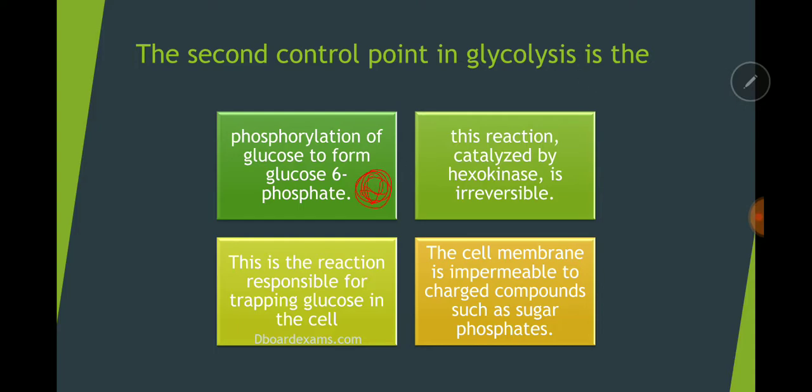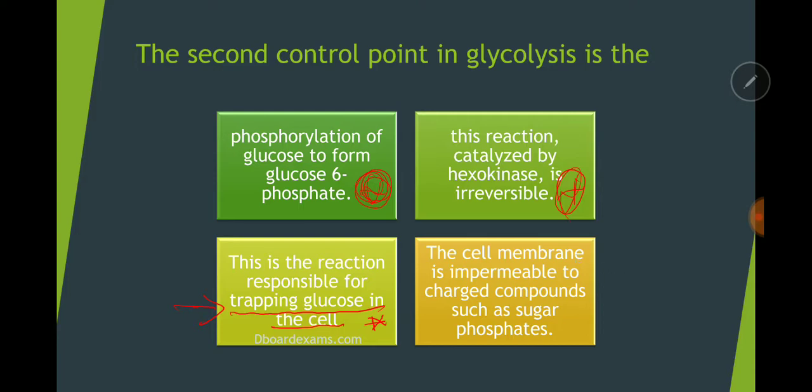And this reaction characterized by hexokinase is irreversible. Irreversible reactions are key regulatory points, and it is responsible, as I just mentioned, for trapping glucose inside the cell so that glucose doesn't leave. Remember, glucose diffuses in and out of the cell. So to prevent it from diffusing out of the cell, the glucose is converted to glucose 6 phosphate.